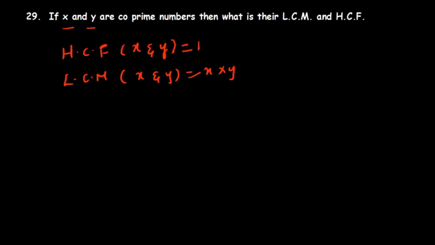For example, take 3 and 4. 3 and 4 are called co-prime numbers because they don't have any common factor. What is the HCF of 3 and 4? That is 1. And the LCM of 3 and 4 is 3 into 4, which equals 12. 12 is the LCM and 1 is the HCF. So the HCF of co-prime numbers is always 1 and the LCM is the product of the numbers, x into y. And the very last question we are going to discuss.